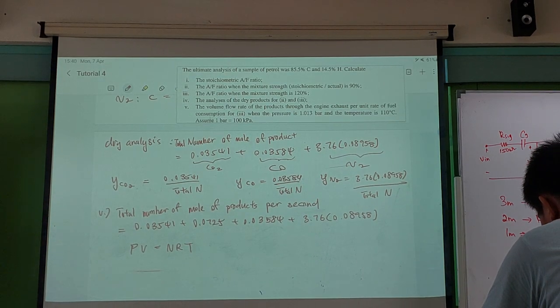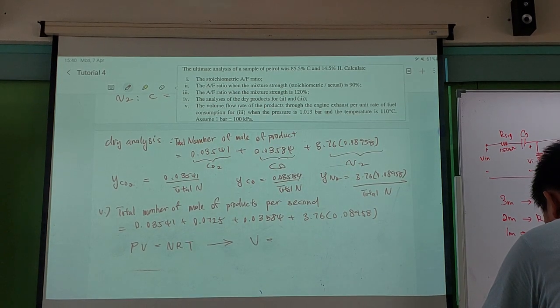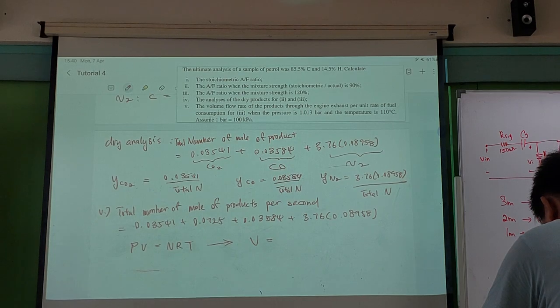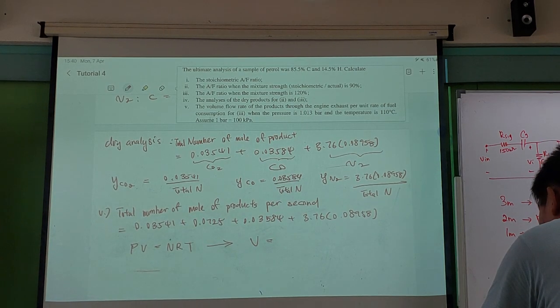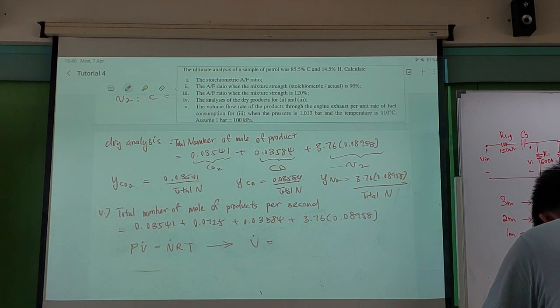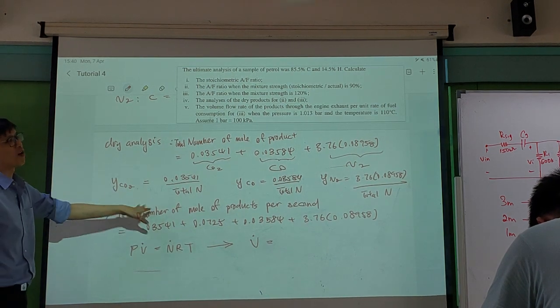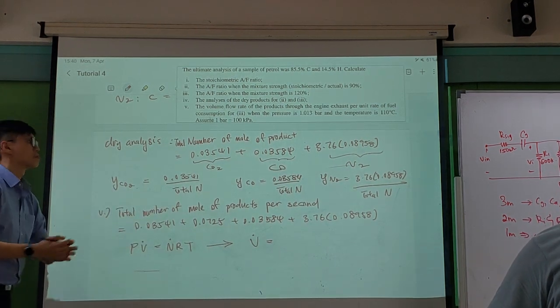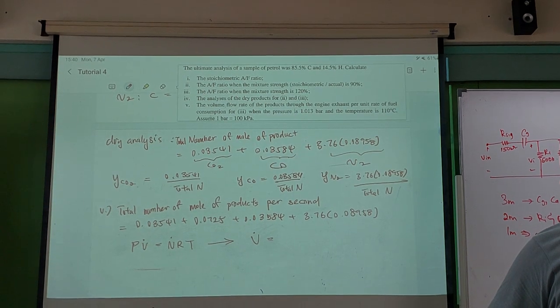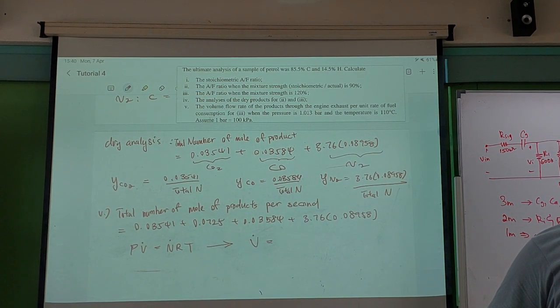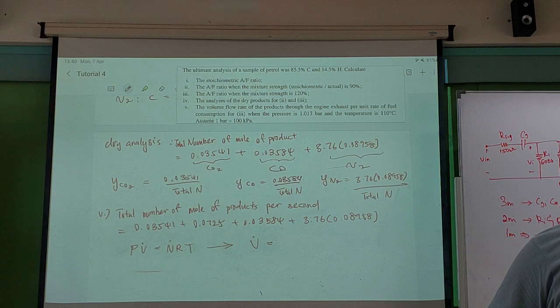Everything is given here, and from here you can get the volume. So in a way, this is V dot, the volume flow rate. This is the number of moles per second. It's actually number of moles for every kg, but ultimately you just need to add the time term in and divide to get the same.